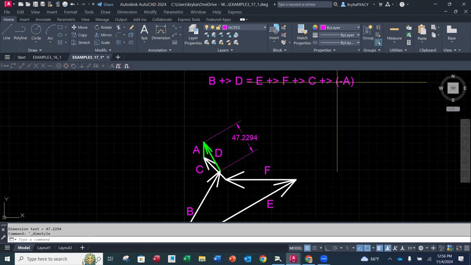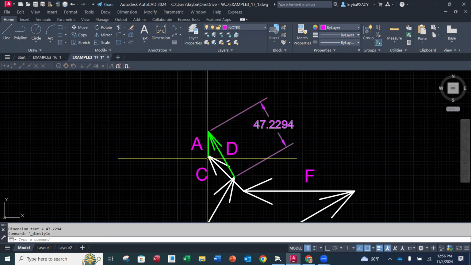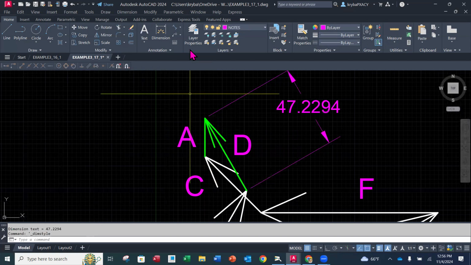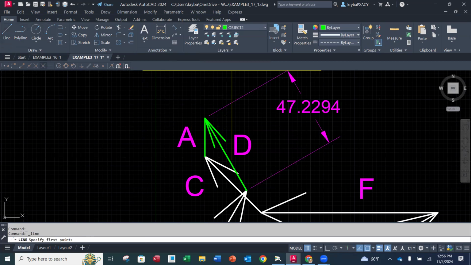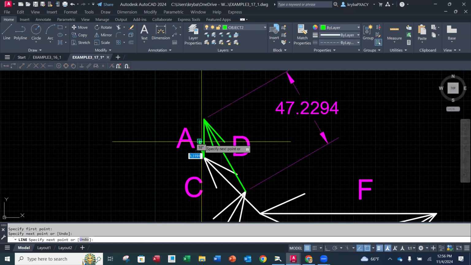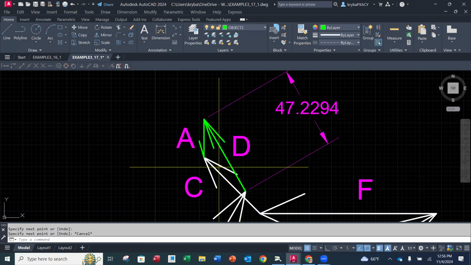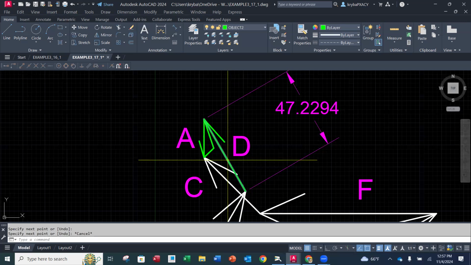But this is the negative value. Do you remember how when we add a negative value, the arrowhead is going to go opposite? So my arrowhead for A is going to go down vertically. So it's going to go like that. There we go.